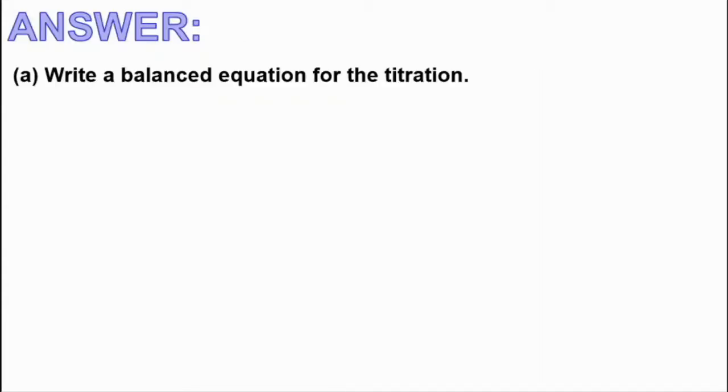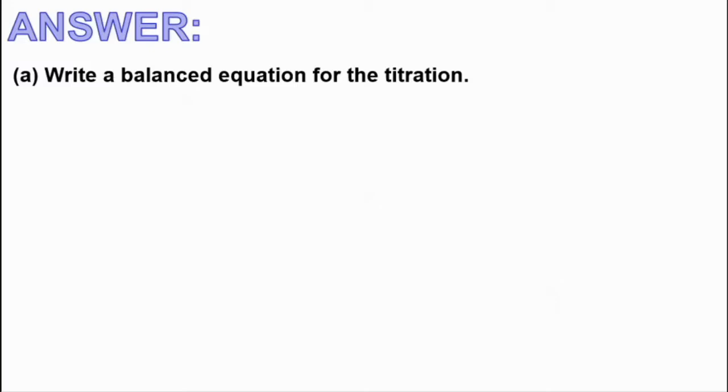We need to write a balanced equation for the titration. Since this reaction is a redox reaction, we are going to balance the redox equation using the ion electron method. Remember, in the last lesson we have already discussed how to balance a redox equation.